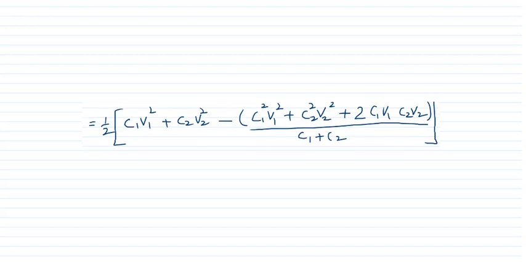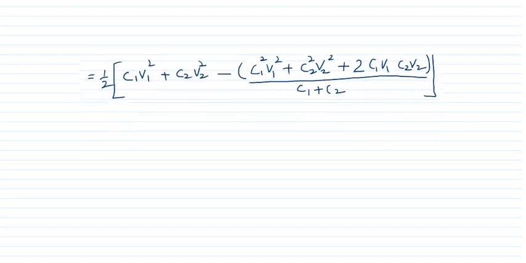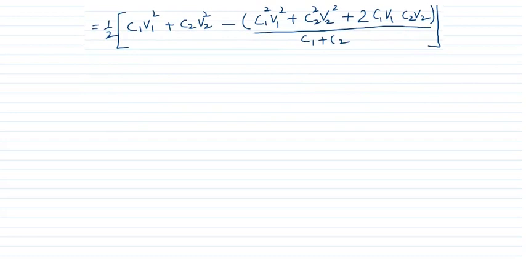Okay, I will write this again, so what I will do, I will copy this one. Now it will be equal to 1 by 2. Now LCM will be C1 plus C2.